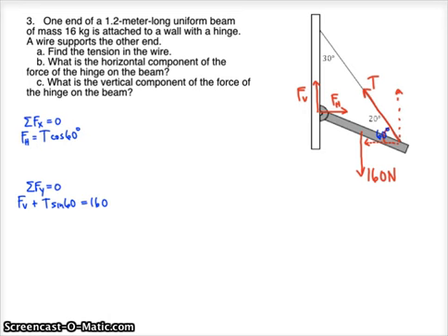So our next step then is going to be to begin looking at the torques that are going to be acting on the beam. We want to make sure the tension force is within that equation so that we can determine a value for T and then find our other unknowns as well.